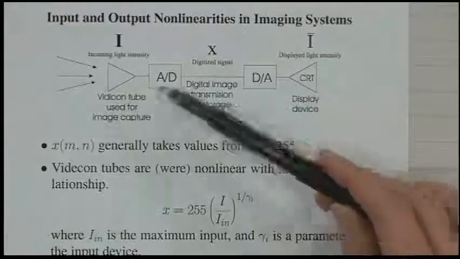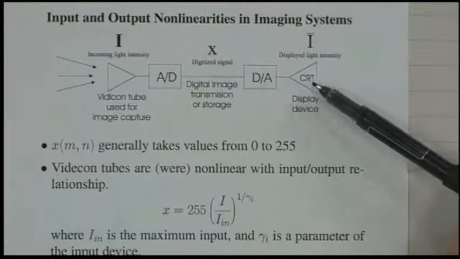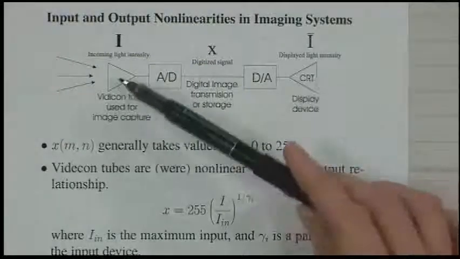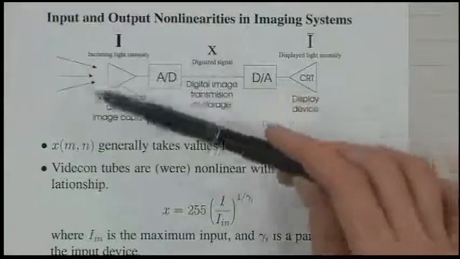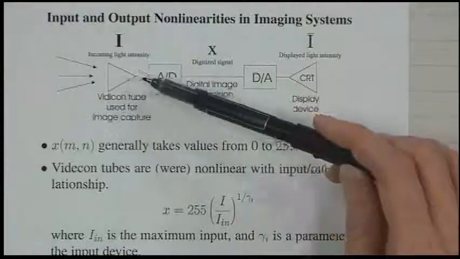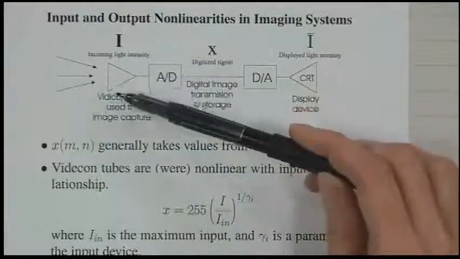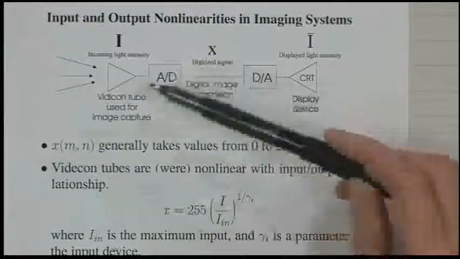A Vidicon Tube is similar to CRT displays. It consists of an array of some photoconductive material, and when light hits it, it changes its conductance properties. An electron beam scans across the pattern, and as it scans, the voltage coming off that screen is measured.